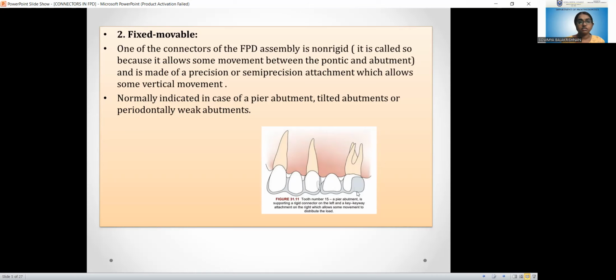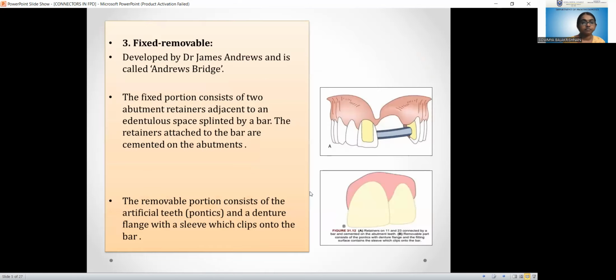So in that case, you can use the fixed movable type of connector, that is the precision attachment. And in the case of a pier abutment, you can use it too. And when you want to cut down the stress to a particular abutment, that is in the case of a periodontally weak abutment, you can also go for a precision attachment. So this is a precision attachment, used for managing a pier abutment.